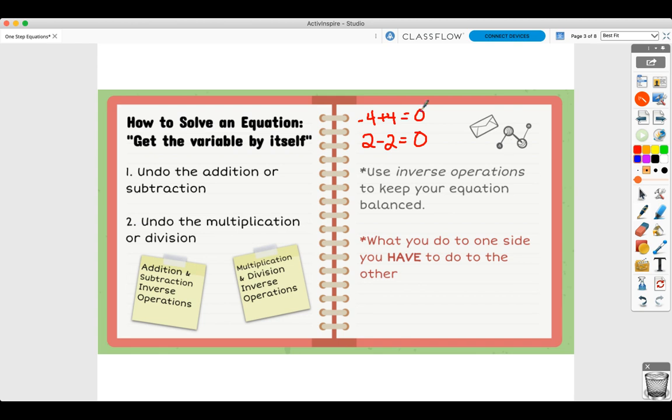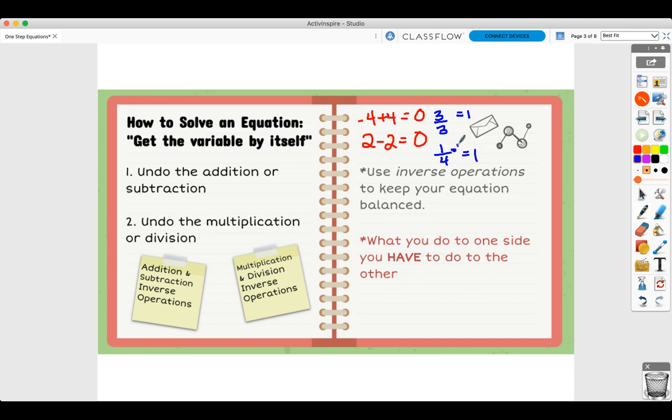In the same way, when you're adding and subtracting, you're going to get zeros, but with multiplying and dividing, you're thinking about getting to 1. What do you do to 3 to get it to 1? Divide by 3. If you have something like 1/4, what are you doing to 1/4 to get it to 1?